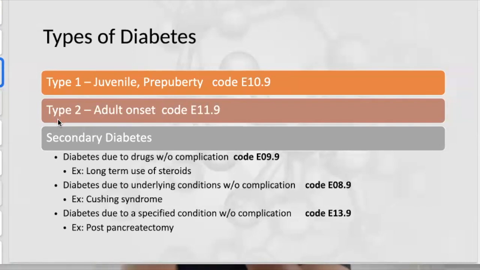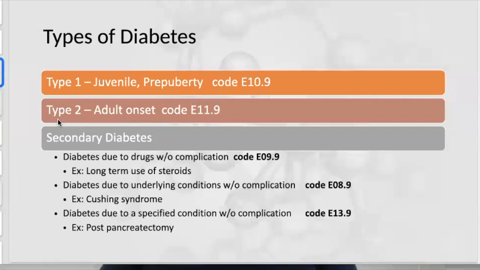Now, I am saying unspecified code here, guys, because diabetes has many codes, and we'll get into that later in our discussion. Now, there's also what we call secondary diabetes, and secondary diabetes is broken down into 3 categories. Okay, so diabetes due to drugs, and the code without complication is E09.9.